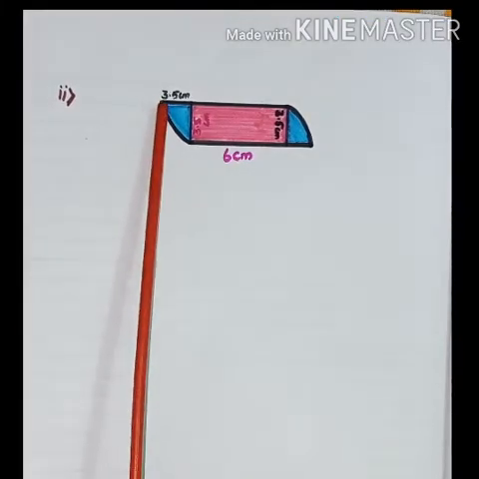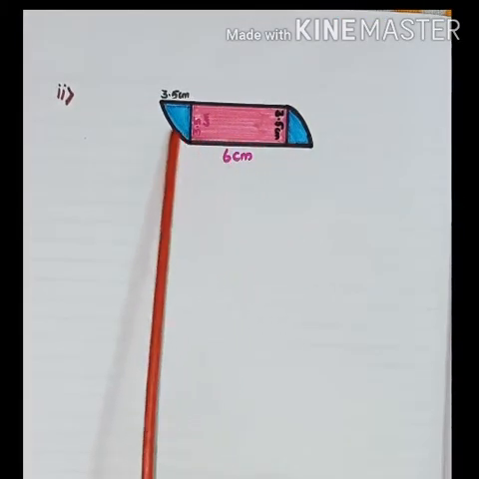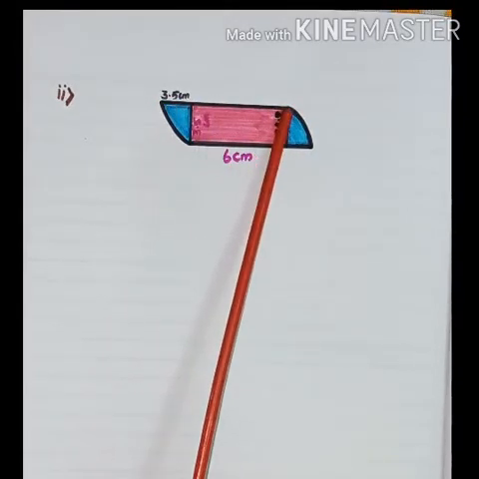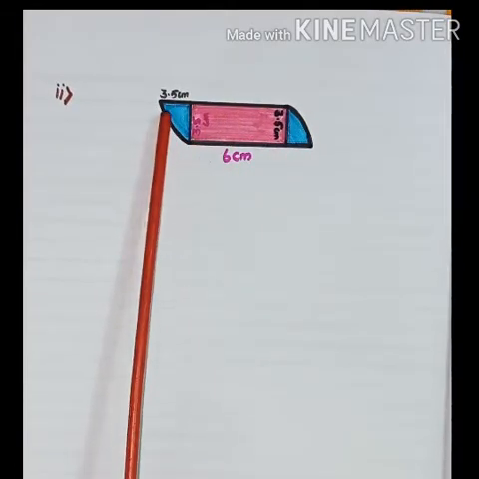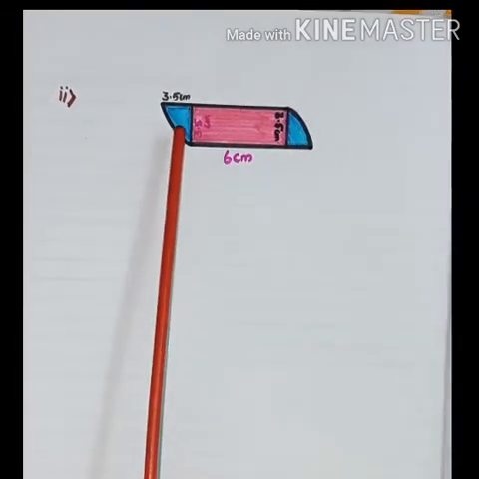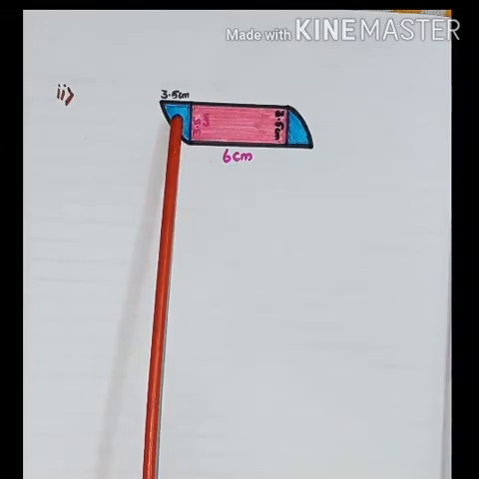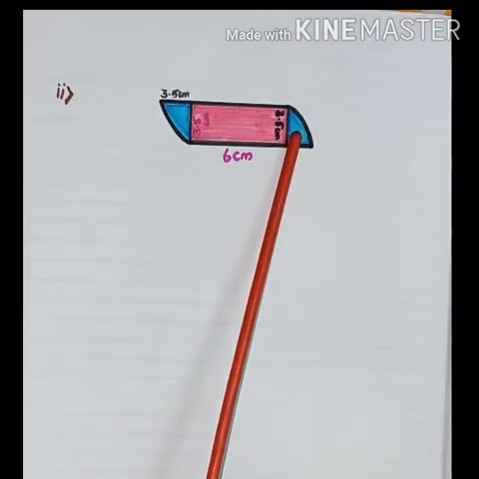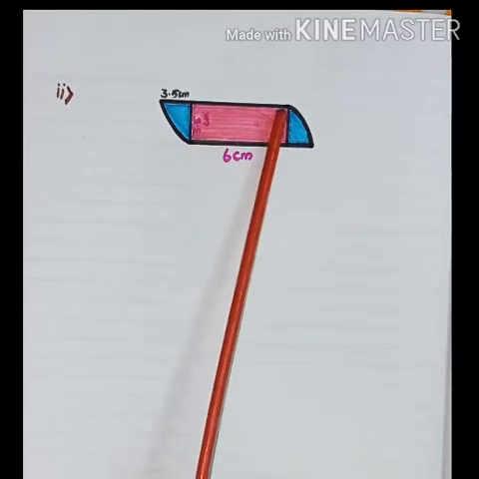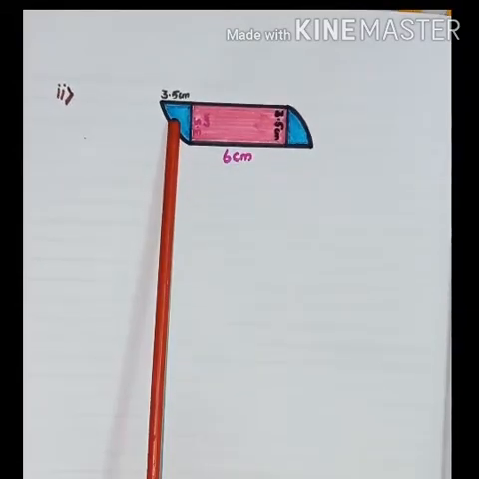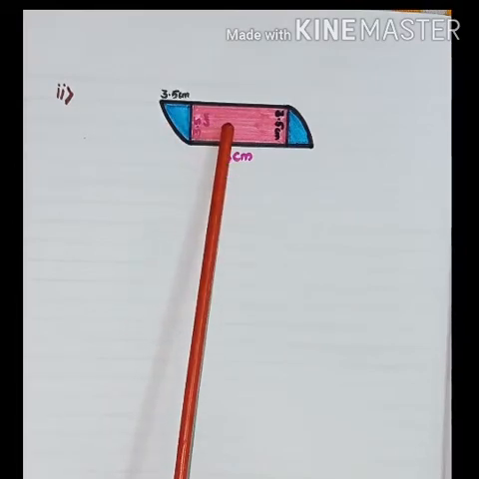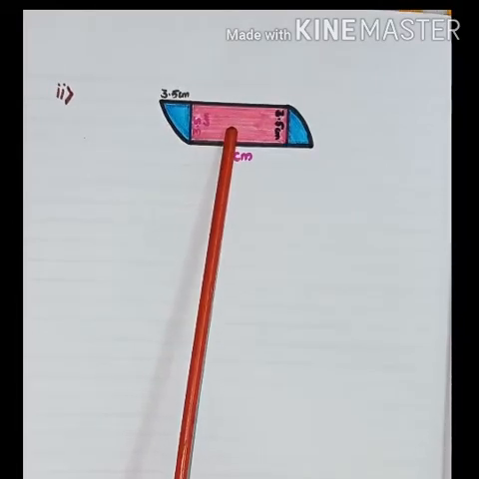We have to find the perimeter of the given combined figure. Perimeter means we have to add the boundaries of the given combined figure. This combined figure is formed by two quadrants of the circle and the rectangle. The corner part is a quadrant of a circle and the center part is nothing but a rectangle.